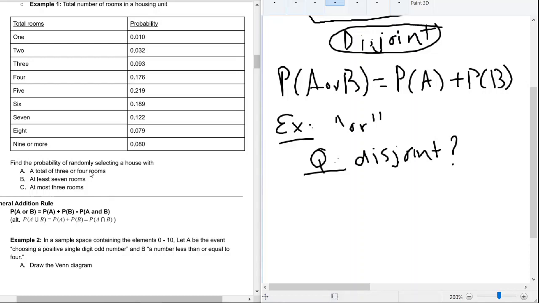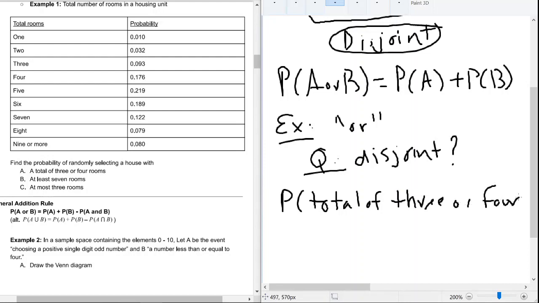So here we're looking to calculate the probability that a house has a total of 3 or 4. We're going to define these as events.